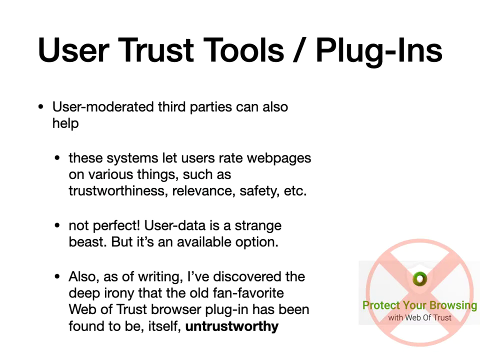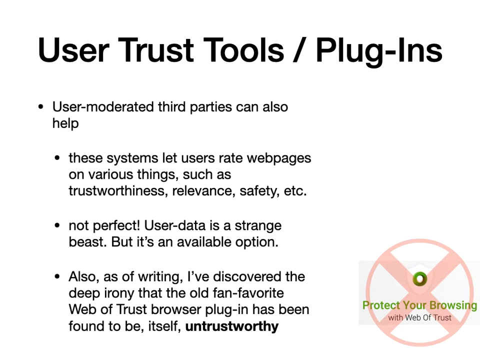Another tool in our kit is these sort of trust tools, these plugins. These can be things that you use in your personal life, but you can also interface with their APIs to check in these moderated third-party tools. So, user moderated, right? A given web page, users can rate it based on big categories like trustworthiness, relevance, safety.